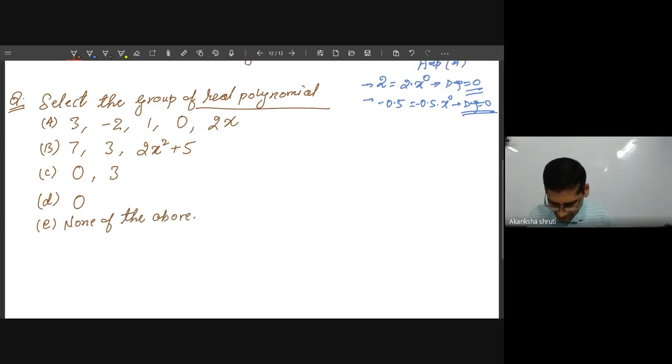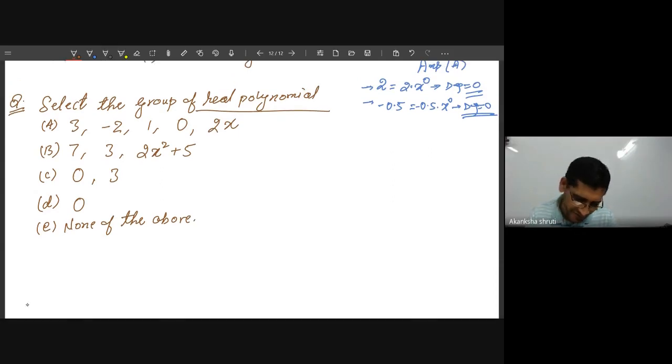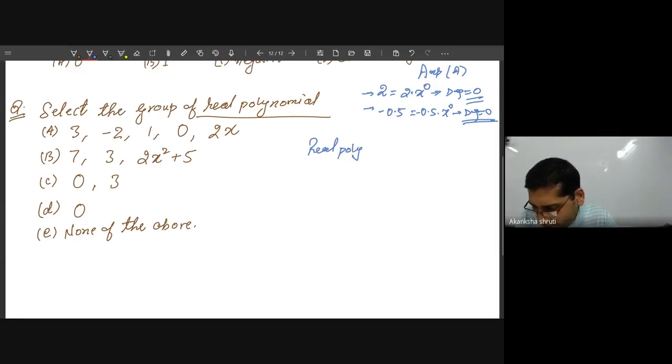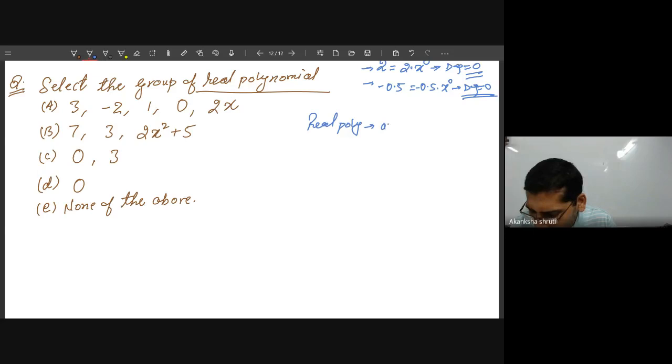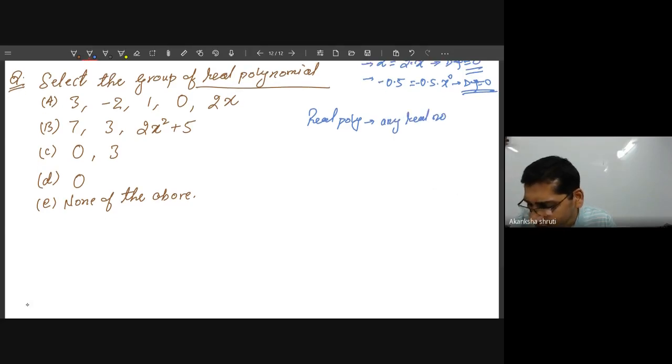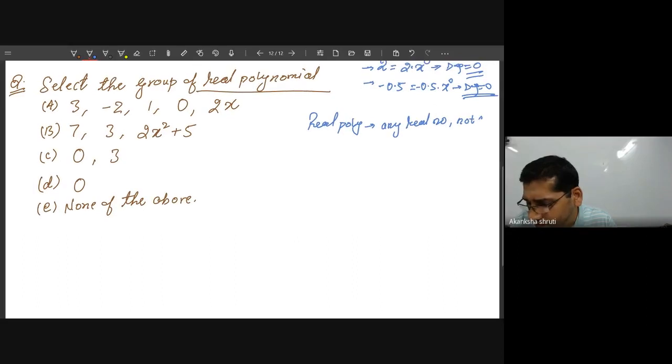Student, you have to observe it carefully. What is a real polynomial? A real polynomial means any real number, but not 0. This thing is important.